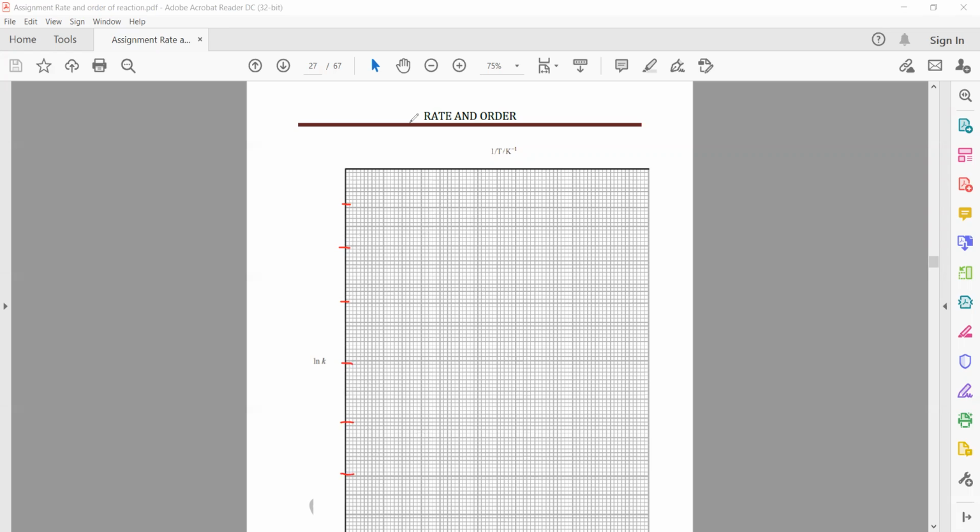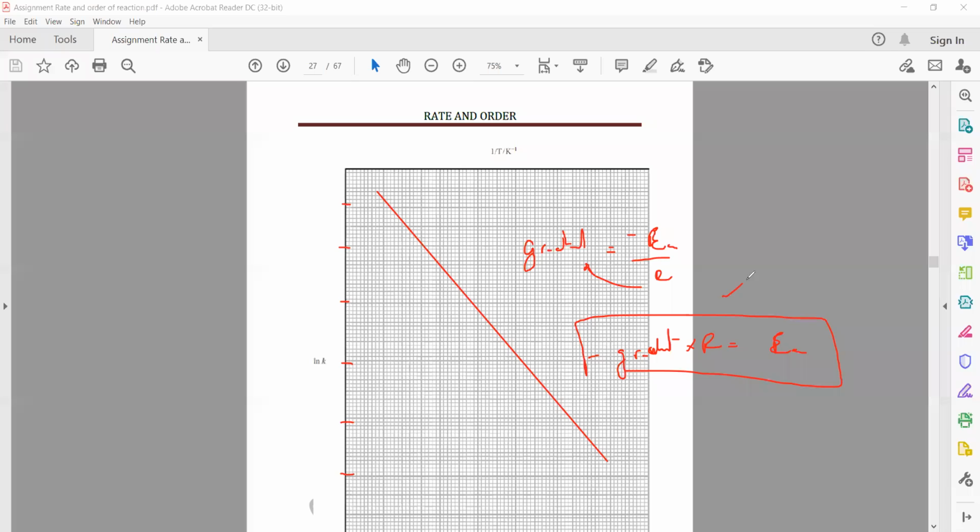The shape of the graph will be like this, and the gradient will be equal to minus E over R. So when you multiply the negative gradient by R, you will get the activation energy. Is it clear? Yes, sir.